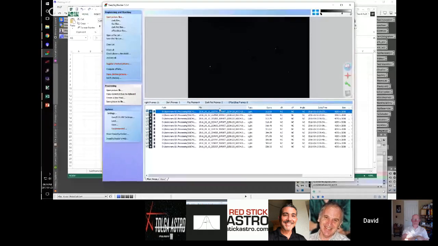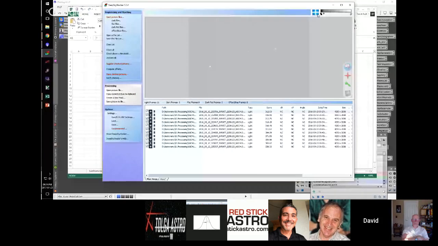It also has a viewer. So you can stretch your data in here and make it a little easier to see, back this off a little bit. So you can visually inspect things a little bit.